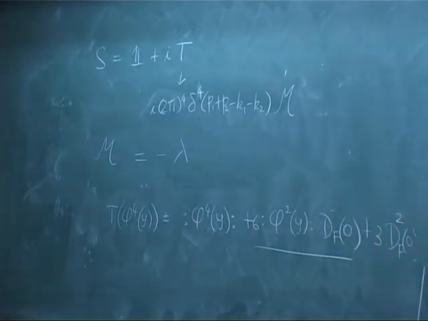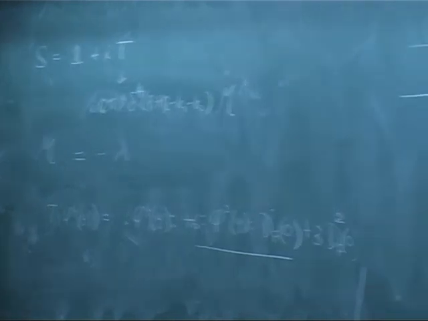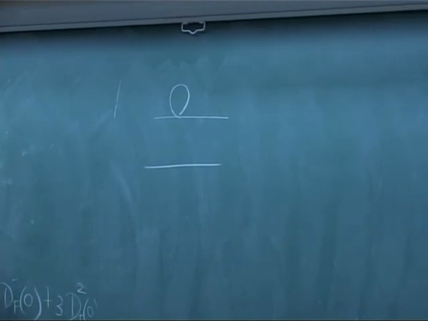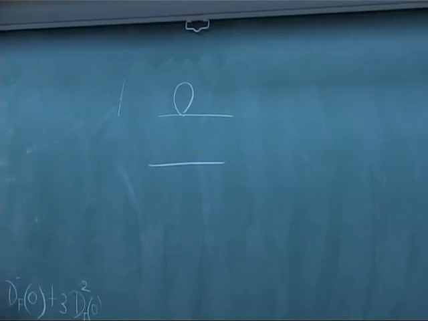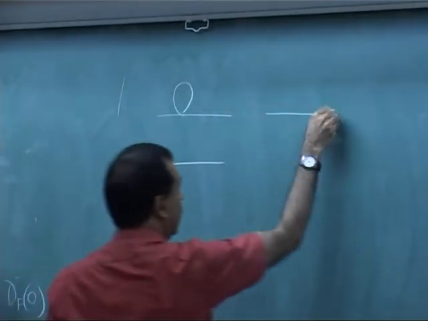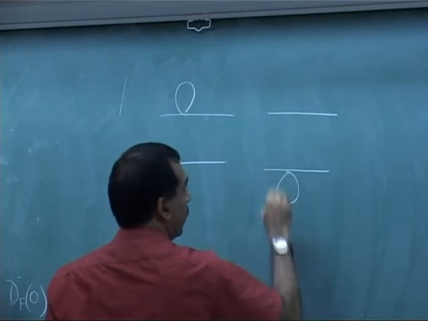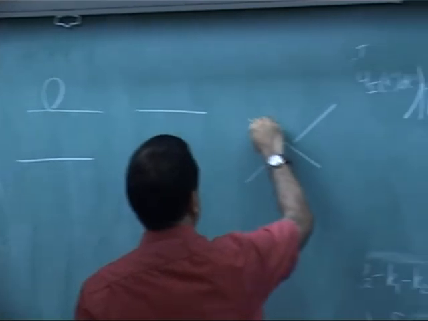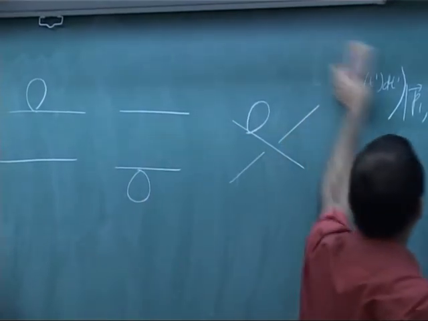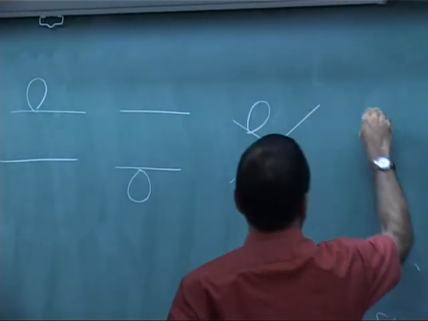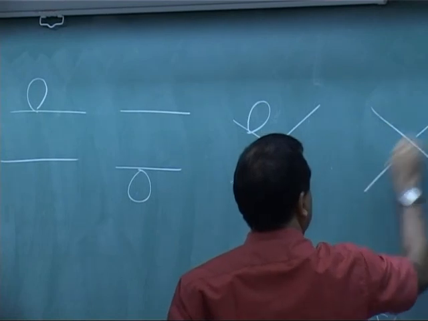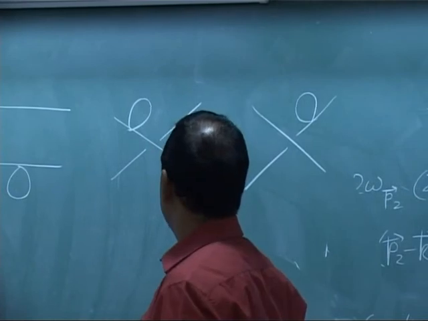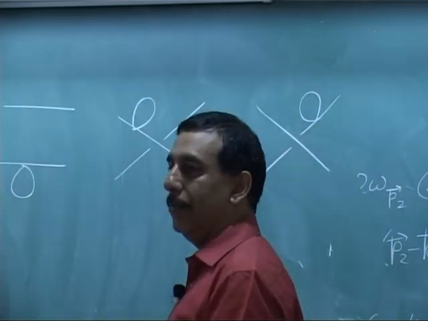This is one possibility. There will be altogether 4. Another possibility will be this. Another possibility will be that they cross, and then one of them has a bubble. And the other possibility will be that they cross, but the other one has the bubble. Okay? These are 4 terms that are contained in the middle thing.